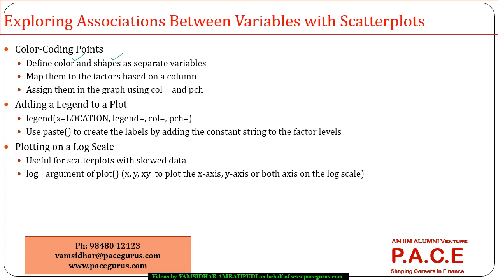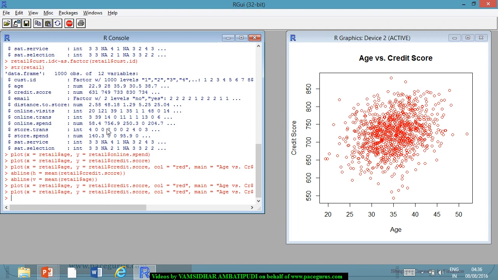So let's define two different colors. Here we'll use this email as a variable, and based on this email variable, we want to differentiate the color and even the shape. I want to differentiate both the color as well as the shape based on the email variable, right? So let me do something. First, let's give different colors.